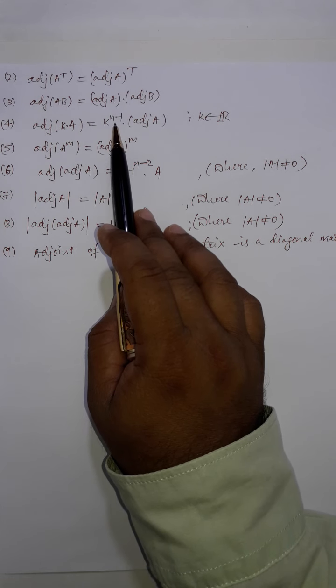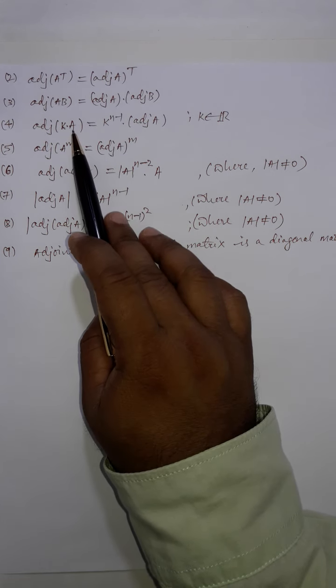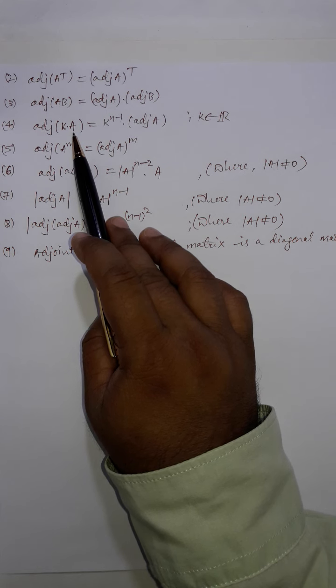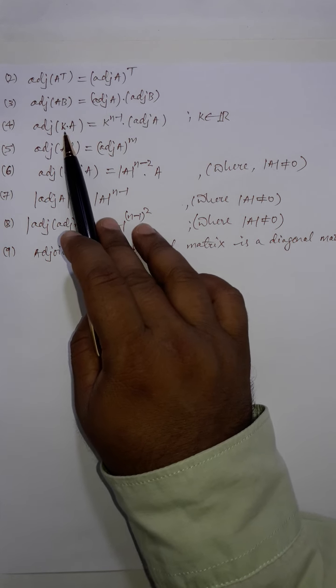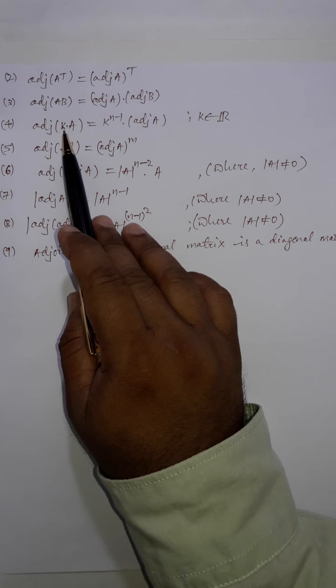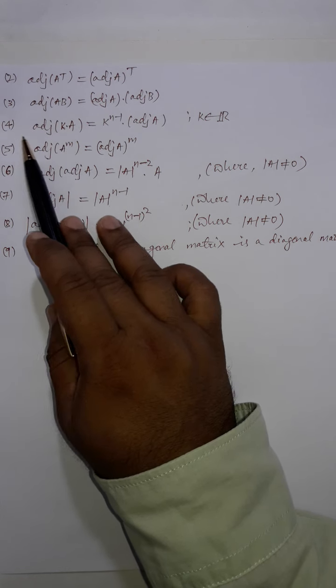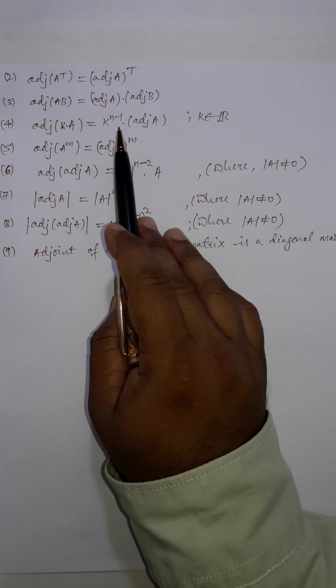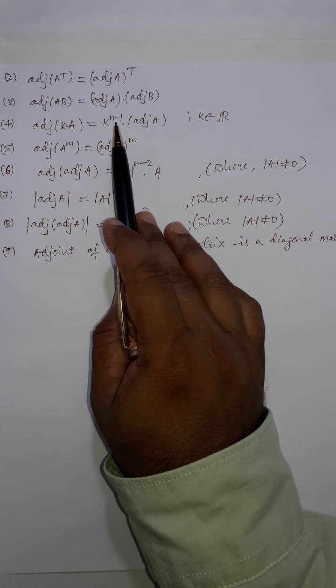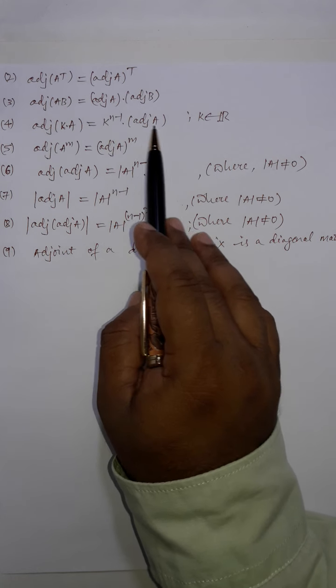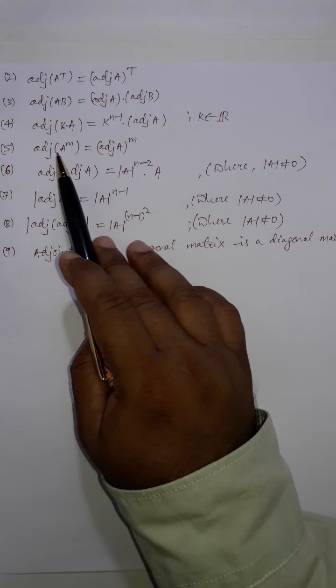Now, here what is n? n is the order of this matrix A. So, that means if you are taking the scalar k out of the adjoint of that matrix, then that k is coming with a power 1 less than the order of the matrix A.